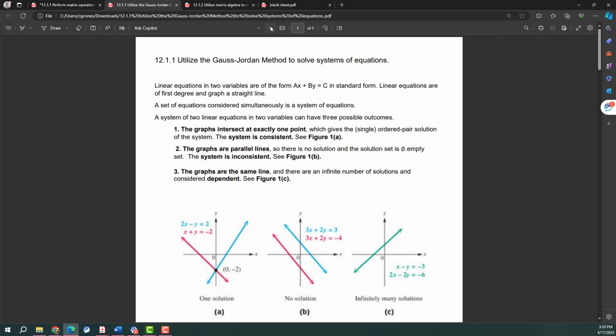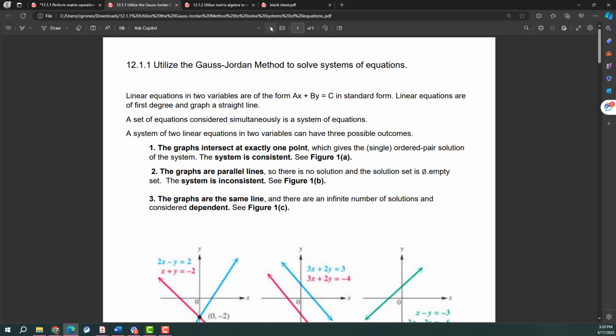For 12.1, it says to utilize the Gauss-Jordan method to solve the system of equations. So we're going to be looking at linear equations that are in this form: ax plus by equals c, in the standard form. Linear equations are of first degree and graph a straight line.